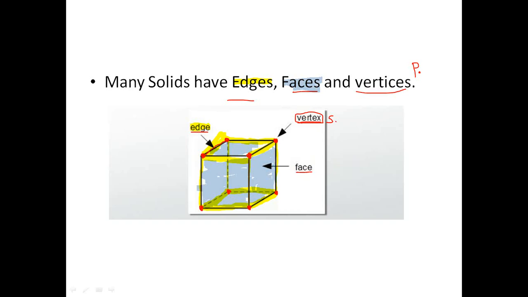So this shape has 8 vertices. Okay, is that clear? So again, the edges are in yellow, the faces are in blue, and the vertices are those dots in red.